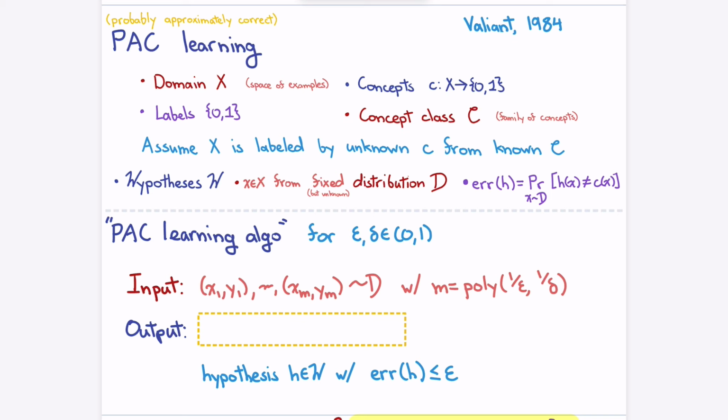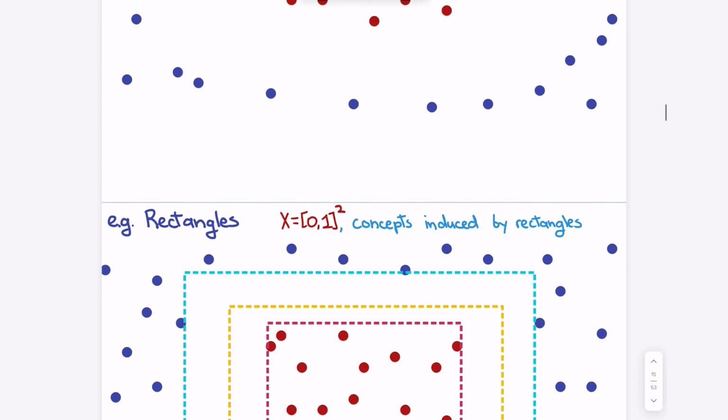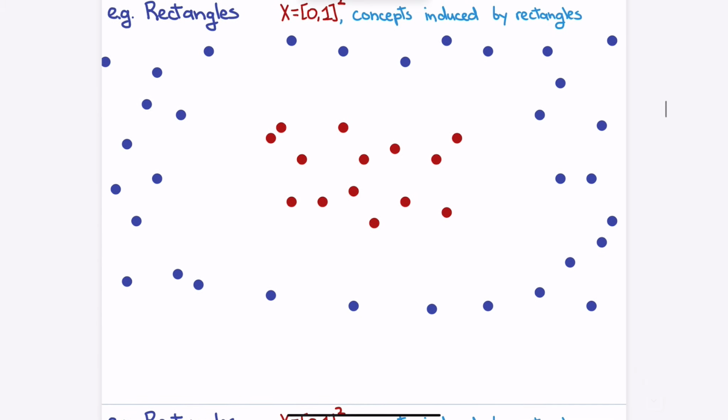If I told you that, can you make me an algorithm that takes input and always outputs a hypothesis with error at most epsilon? So one issue is, what if your input data is terrible? What if you were given this kind of instance, except you only got blue points? You would have no idea what to do. As soon as we start sampling input data, you can't really guarantee you're going to do something correct because this could happen with non-zero probability.